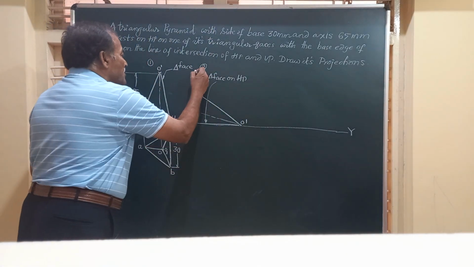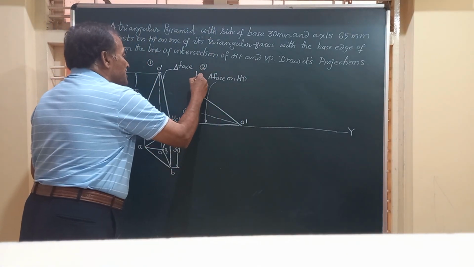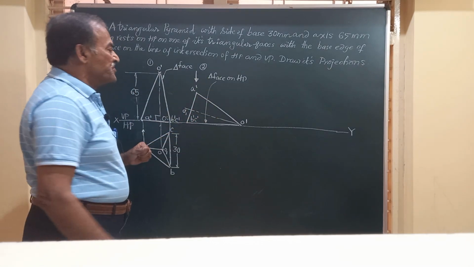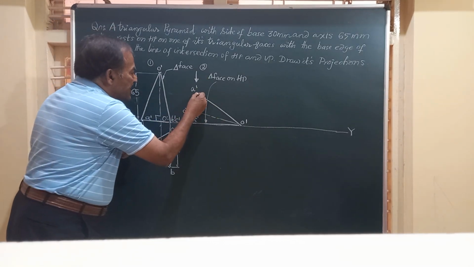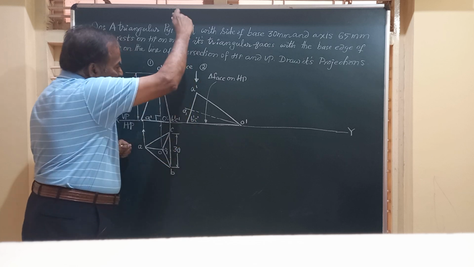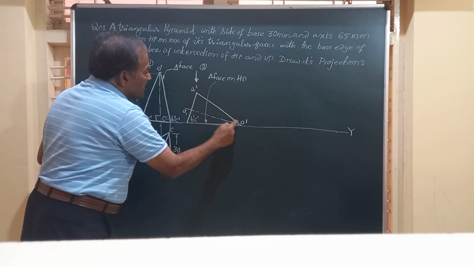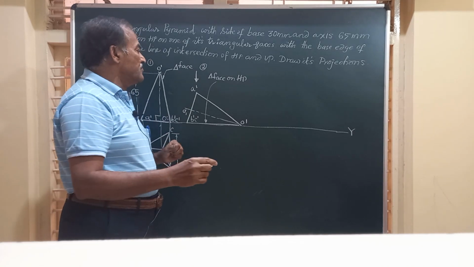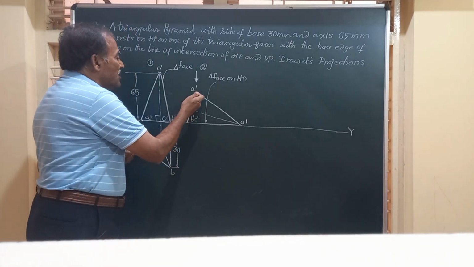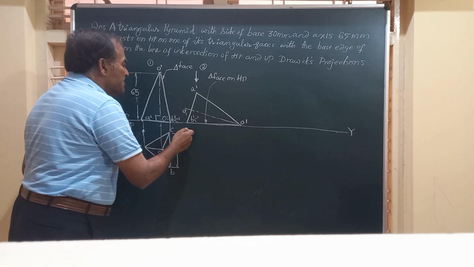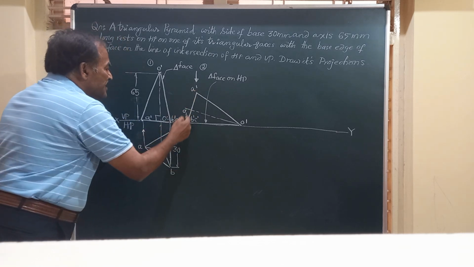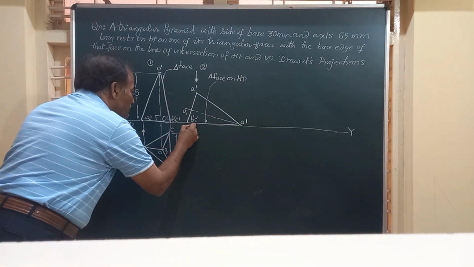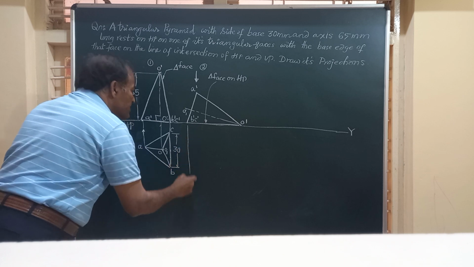Now friends, we look from the top and see what all is visible. Friends, this line A dash, B dash, C dash is visible in the top view, and this line O dash, A dash is also visible. So first of all, we will find out the top view for this line. Friends, this line has got 3 points, and very obviously it represents a triangular surface.